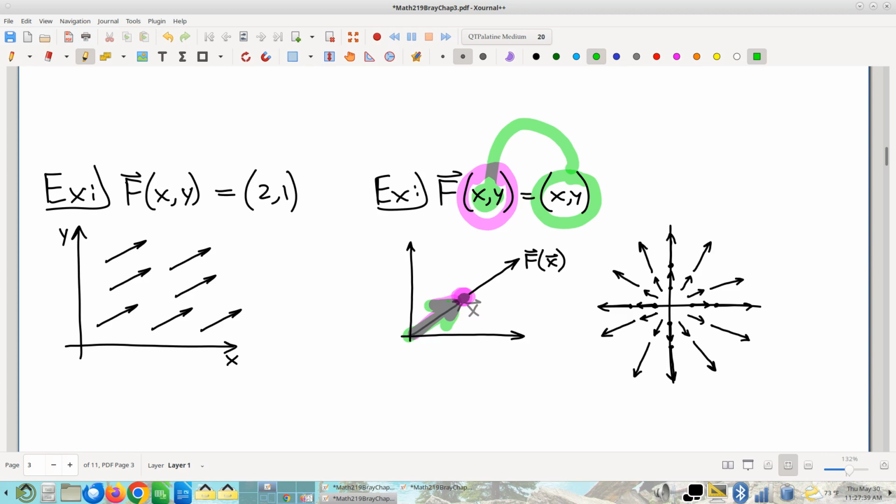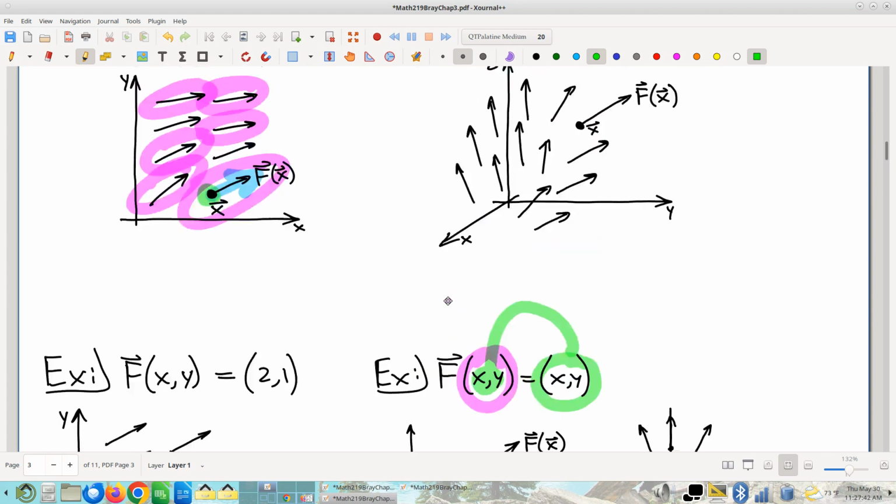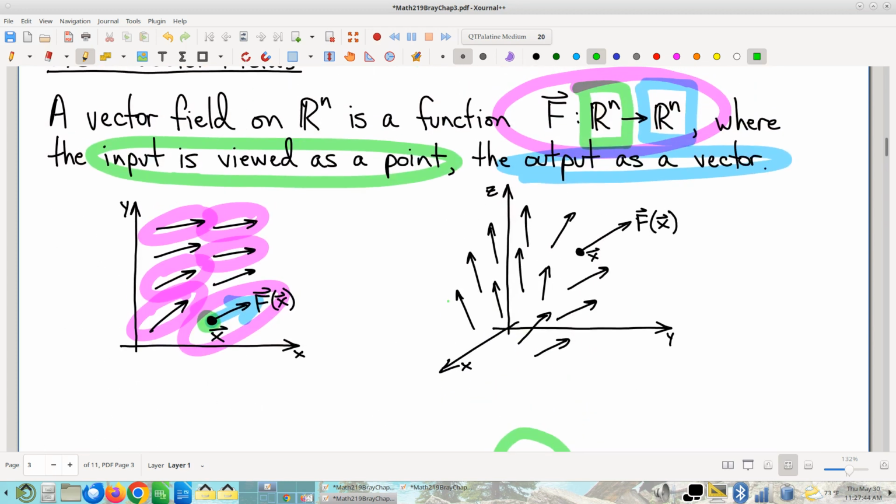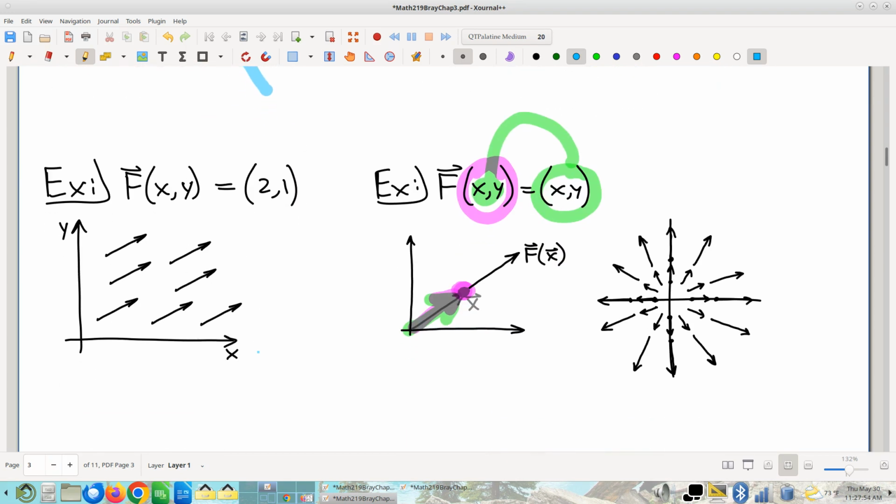But then I have to remember, oh wait, that's not how you draw it. The way you draw it is the output is drawn with an arrow that has its tail at the given input point. So I've got to take this green output vector and draw it where it's supposed to be, namely with its tail at the input point. Is that cool?